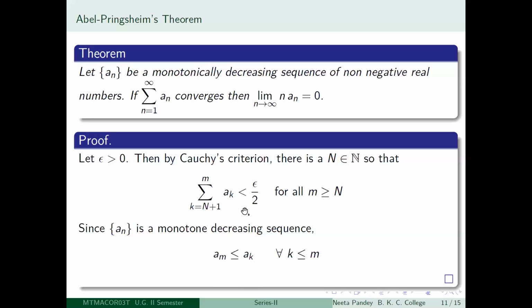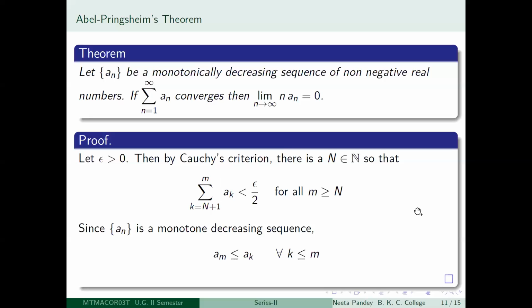But how many terms will you get? You are starting from the capital N plus 1th term and ending at little m. So how many terms are there? There are 1, 2, etc. till little m minus capital N terms.